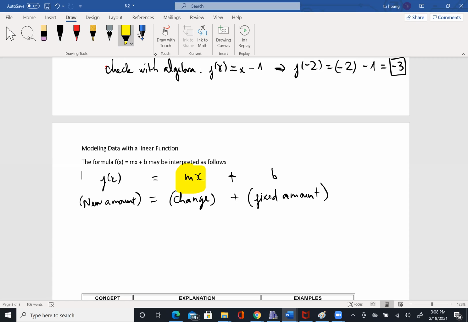So in here, we will talk more about the change.